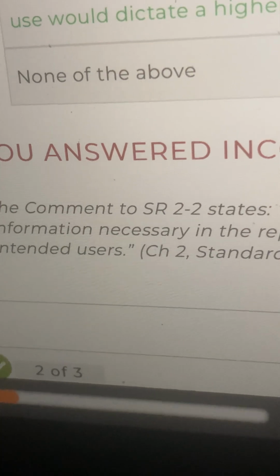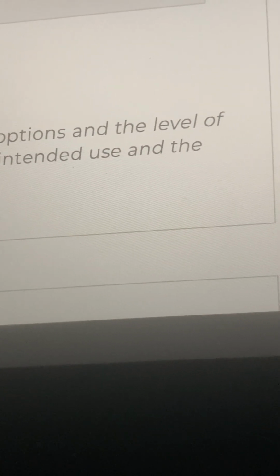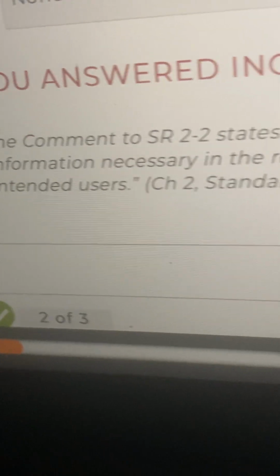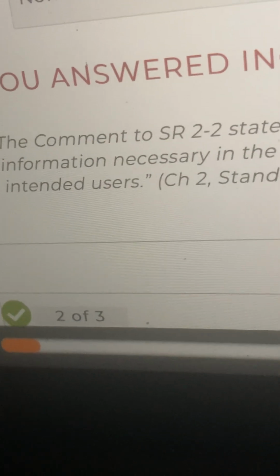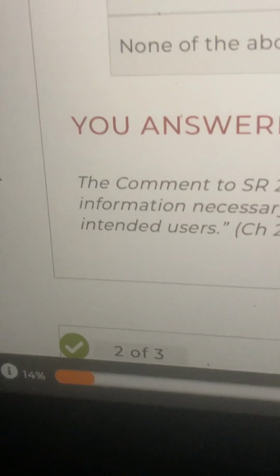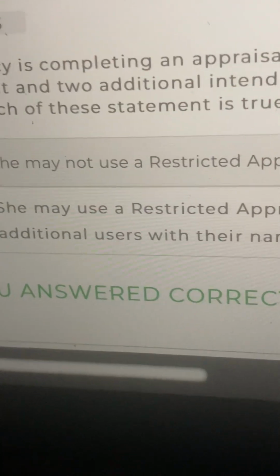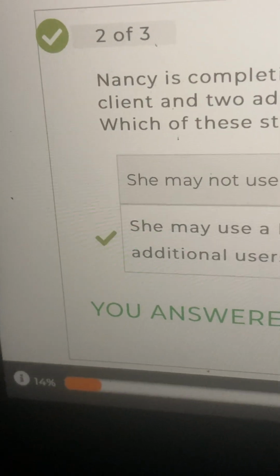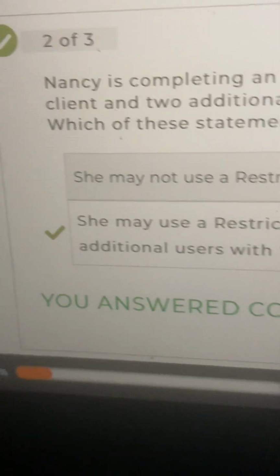The comment to SR 2-2 states, the appropriate reporting options and the level of information necessary in the report are dependent on the intended use and the intended users. Chapter 2, Standards Rule 2-2. Number 2, Nancy is completing an appraisal for a client and 2 additional intended users.